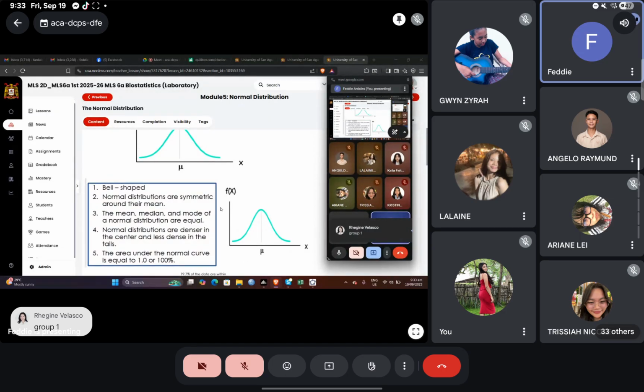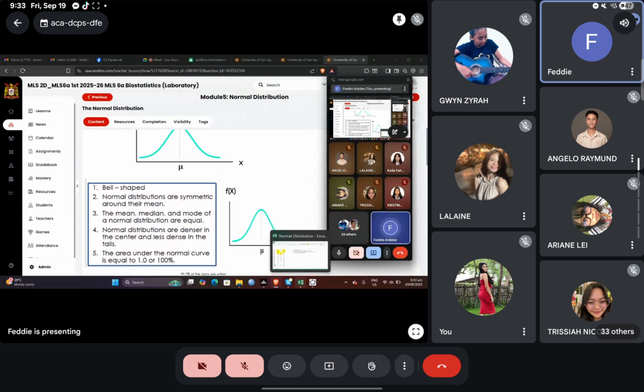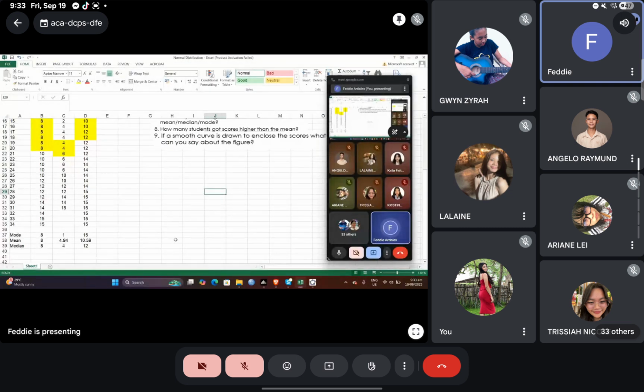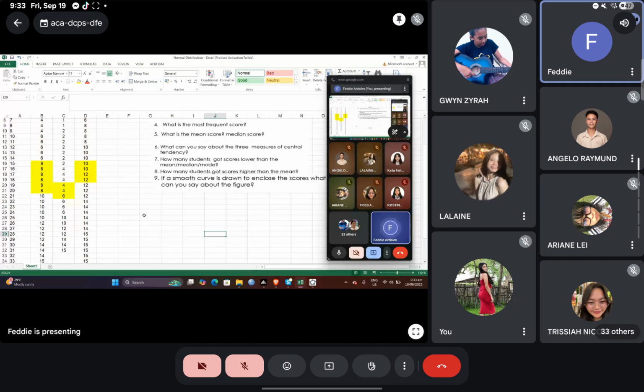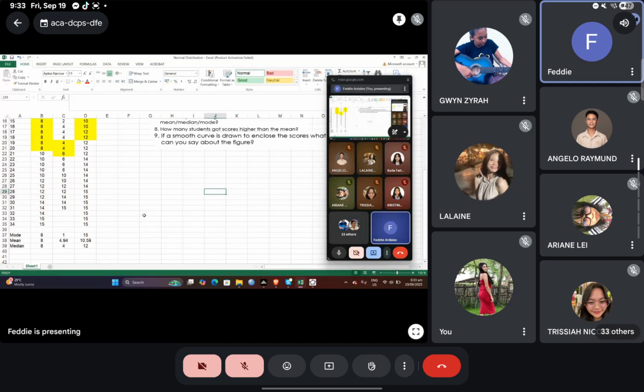So group 1, that's correct. When we say normally distributed, the mean, the median, and the mode are equal. Now, the other two data sets: if you try to draw a graph, for group 2, the mean is greater than the median, and the median is greater than the mode.